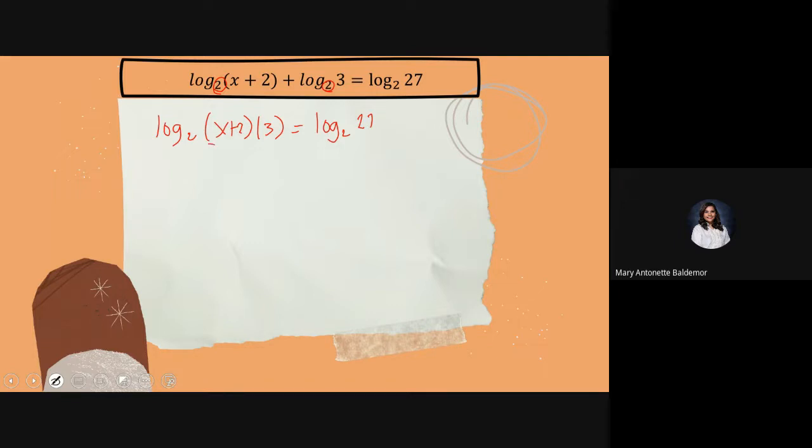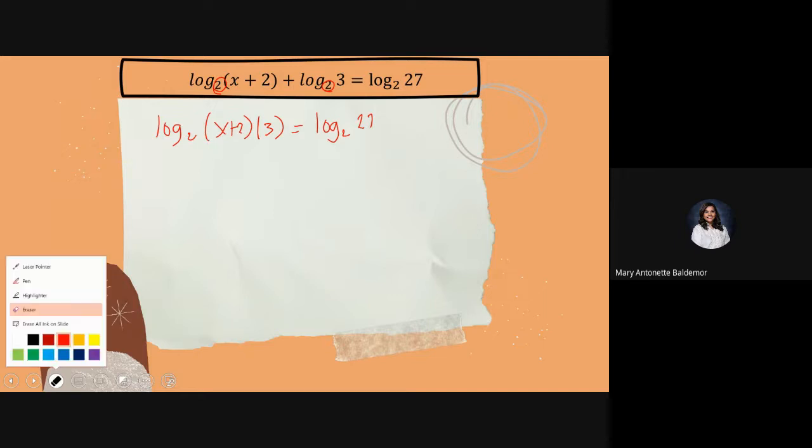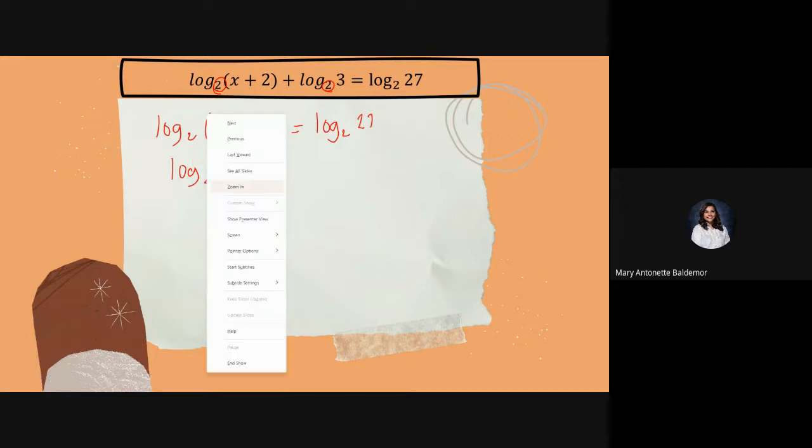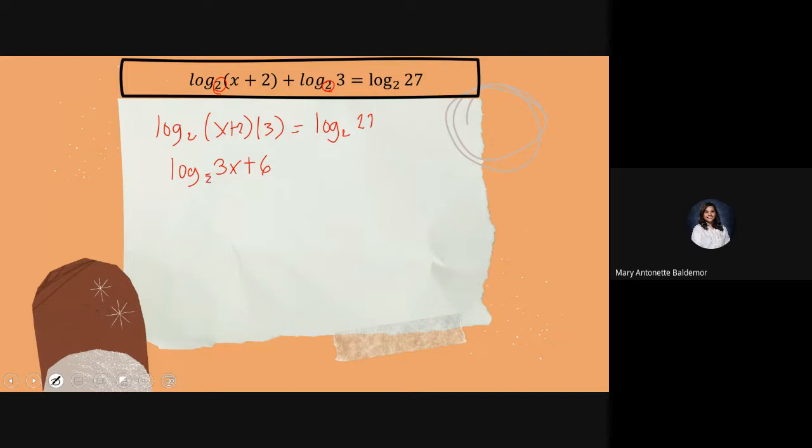Okay, so simplifying, this will become the logarithm of 3x plus 6 with base 2. Yeah, sorry for that.